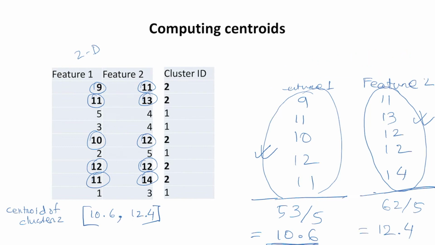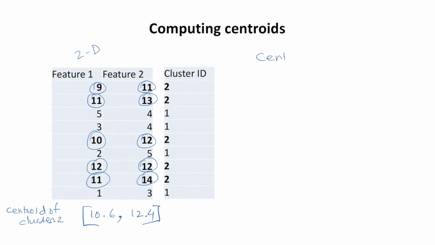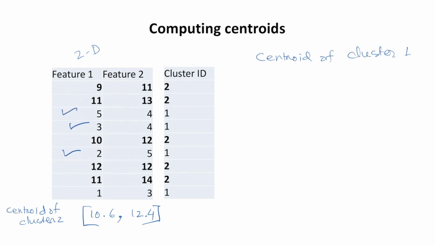Let us erase everything from here because we will now be computing the centroid of cluster 1. To compute the centroid of cluster 1, we will have to take this row, this row, this row, and this row because they belong to cluster 1.